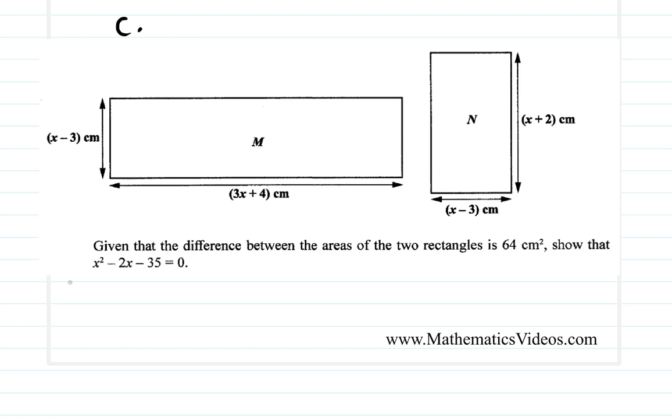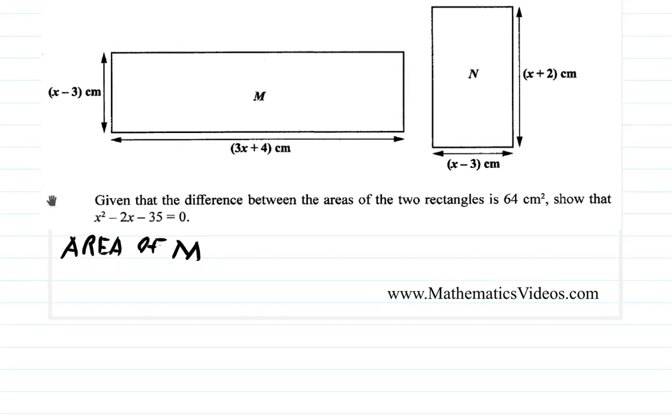Now the difference between the areas means you have one area minus the other area. Suppose you say area of rectangle M. What is the area of rectangle M? It would be x minus 3, the height, times the width, 3x plus 4.